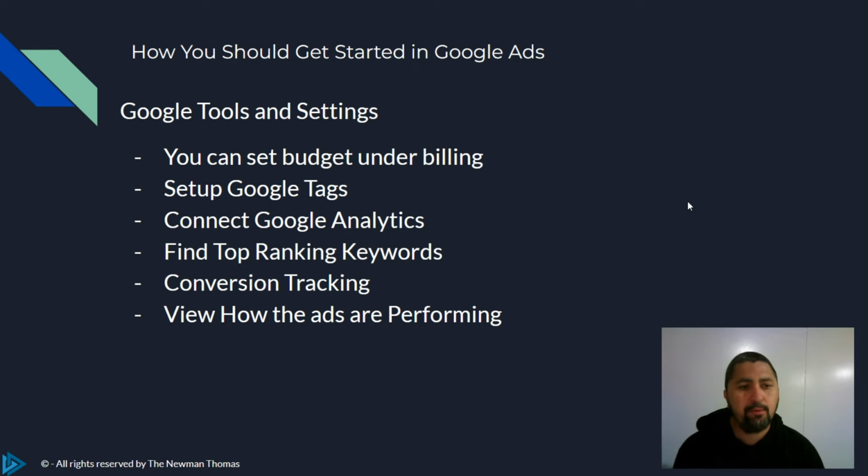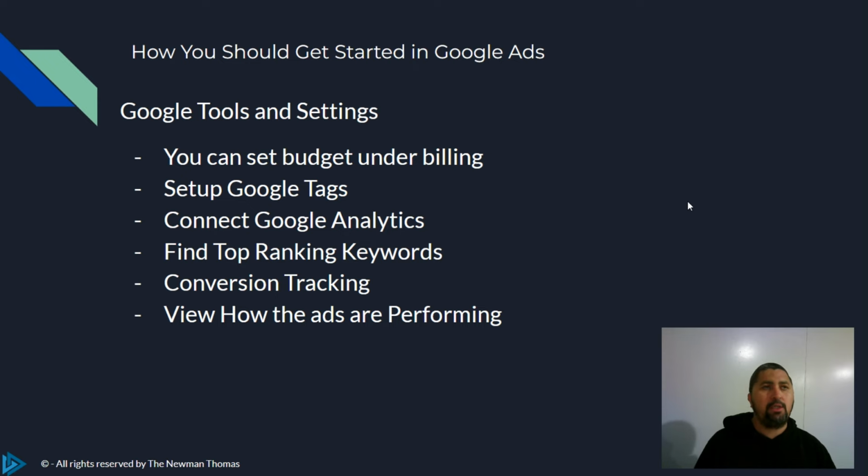Also, you'll be able to see how the ads are performing. This is where the reports display to you. So the reports will say to you, within this period of time, let's say from the 1st of January 2023 till the 31st of March 2023, you ran your ads for 3 months, and during those 3 months you have 10,000 impressions, 9,000 clicks, 7,000 conversions, whatever those numbers are.